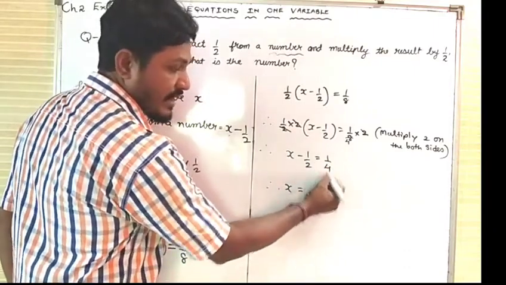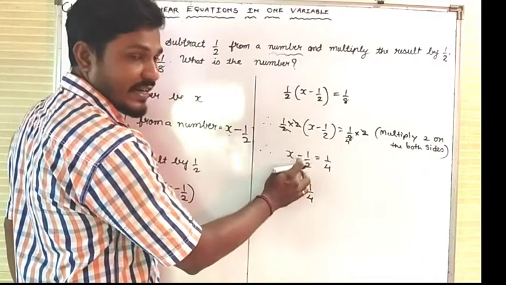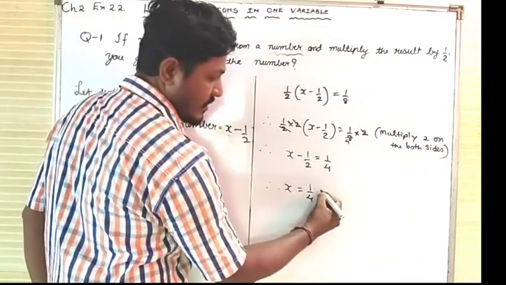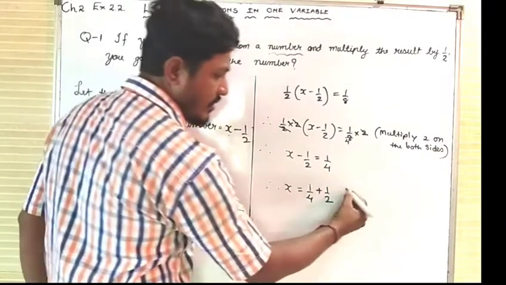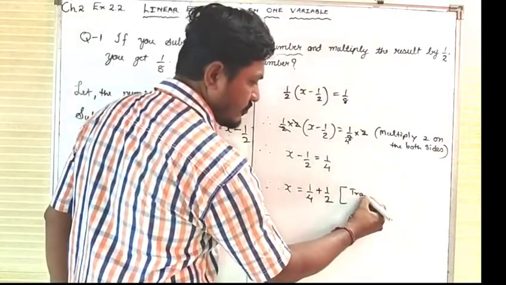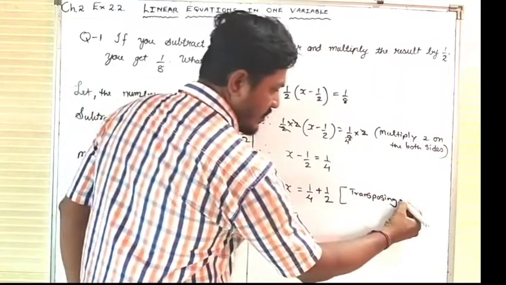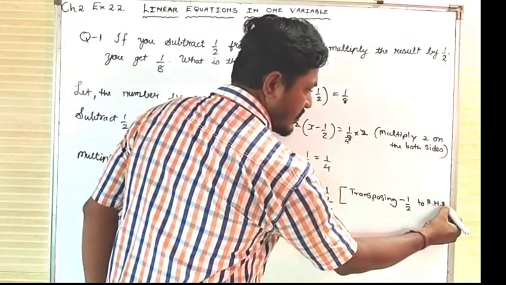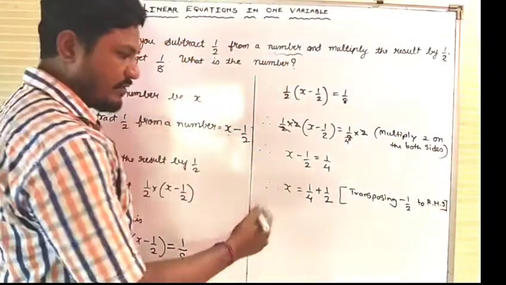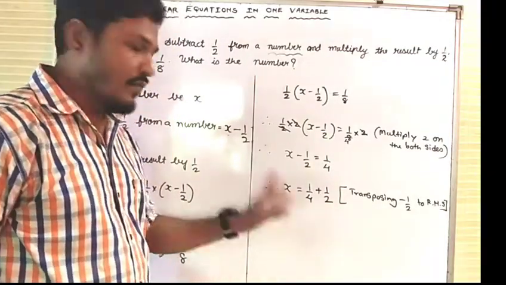Whatever value is on the right hand side, write it as it is. In brackets you write: transposing minus 1 by 2 to RHS. While doing this, you will easily get the value of x.